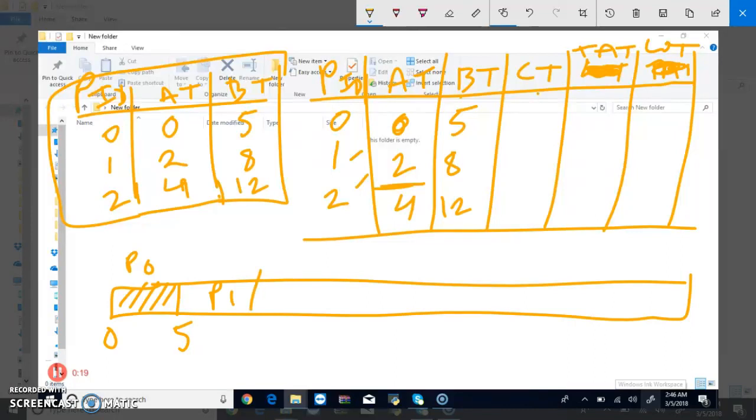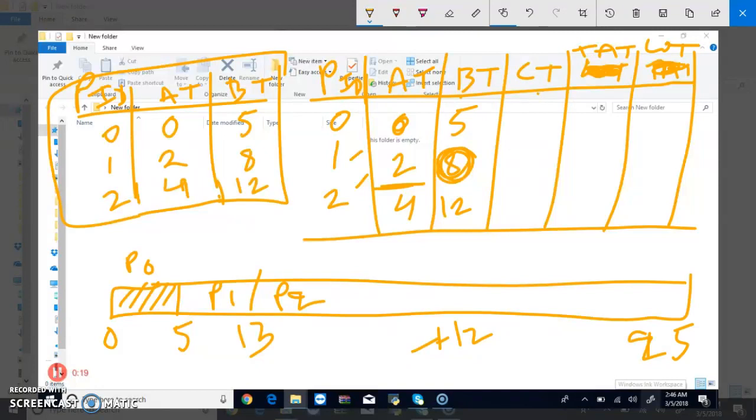Process 1 asks for 8 milliseconds, so it executes until 13. Then process 2 executes until 13 plus 12, a total of 25 milliseconds. This is a simple approach.